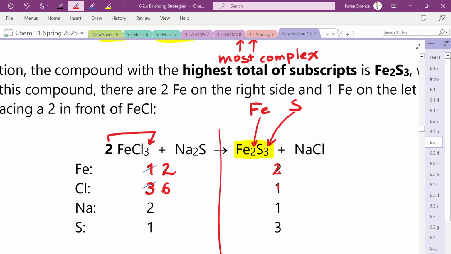Let's try to get 3 sulfur on the left-hand side. Where would we put the 3 to get 3 sulfur? Here's sulfur. Let's put the 3 in front of that. So 3, that gives us 3 sulfur. But it also changes sodium to 6.